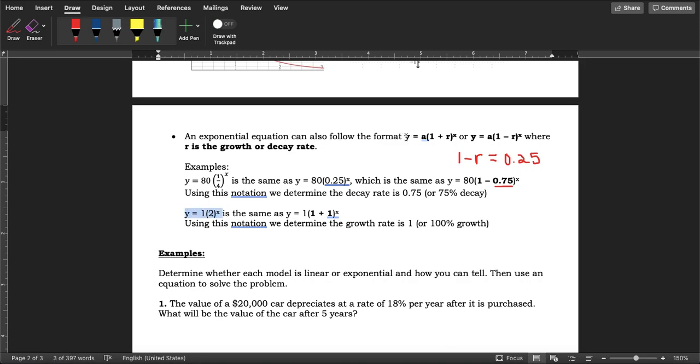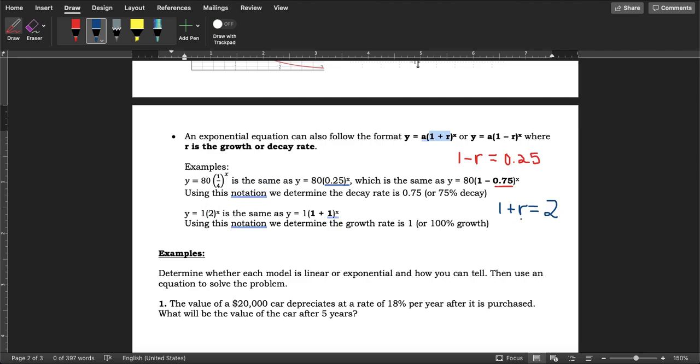So I'm going to use this notation, and I'm going to look at what's inside the parentheses and ask myself, how was that number inside the parentheses calculated? So in other words, what did I substitute in place of r to get a 2 inside the parentheses?